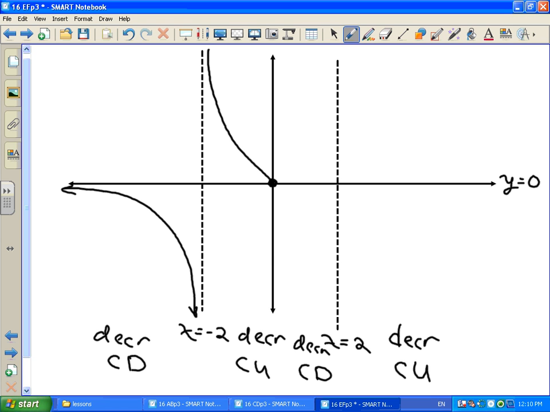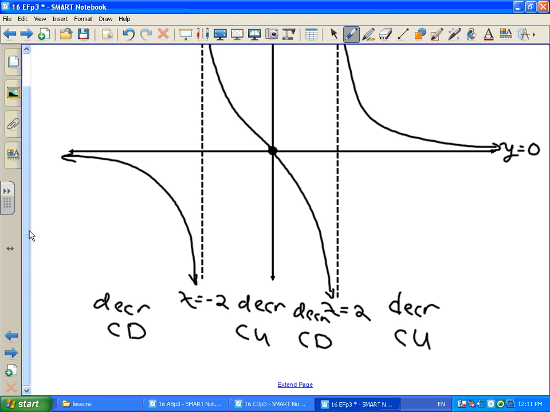It hits our point of inflection and our intercept and continues on down like that. And in our last segment here, it is decreasing and concave up. It's got to look like that. And it's got to meet up with our horizontal asymptote at very, very large values of x. So that is going to be the sketch of our function.